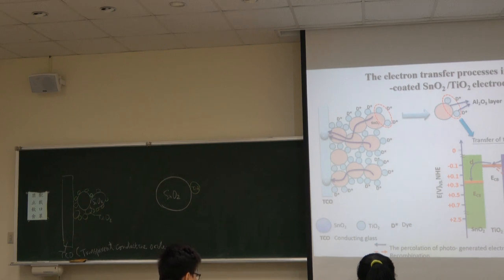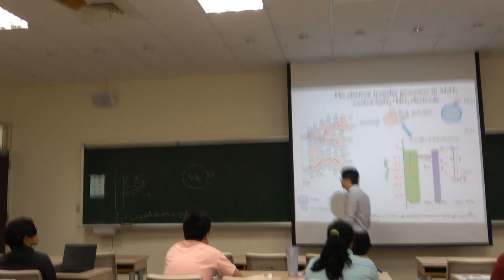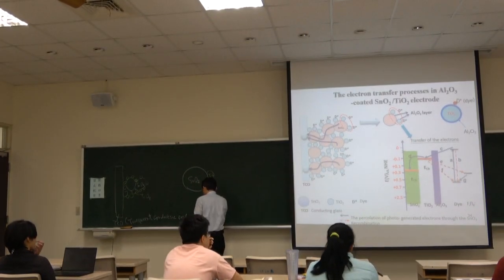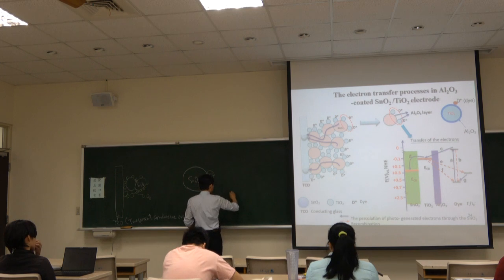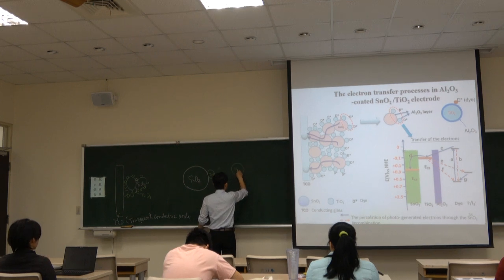On the TiO2, they deposit Al2O3. Here is the TiO2. Deposit a thin layer of the Al2O3.